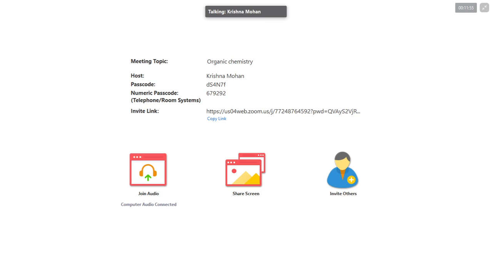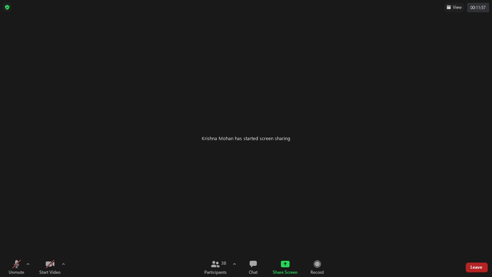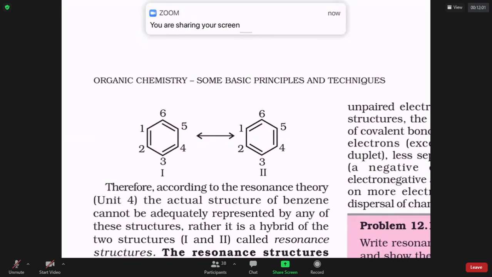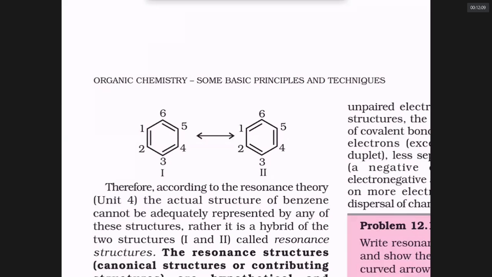In a conjugated system, there will be double bond, single bond, double bond, single bond, like that. The relative positions of the pi bonds will shift and the molecule gets a kind of hybrid structure of all these. Neither one nor two exists. The real structure is a hybrid of all this.